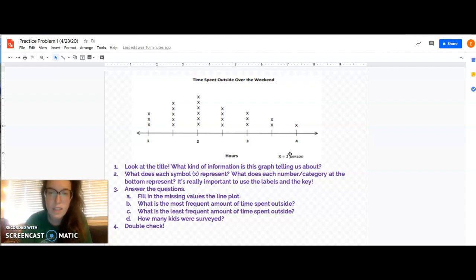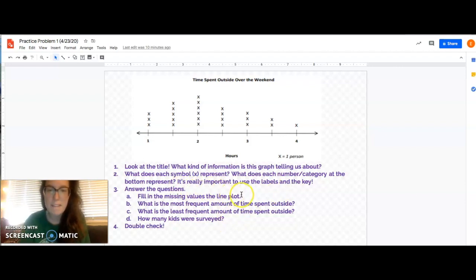And what does each symbol or X represent? One person. So these numbers are hours, and each X is a person who spent that number of hours outside over the weekend. It's really important when we're reading line plots to use the labels and the key to help you understand what's going on. Now let's answer the questions.